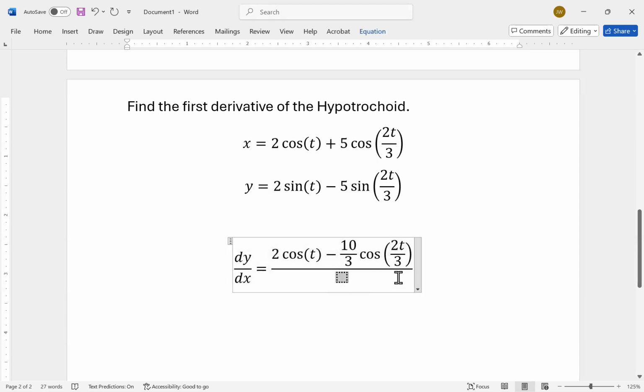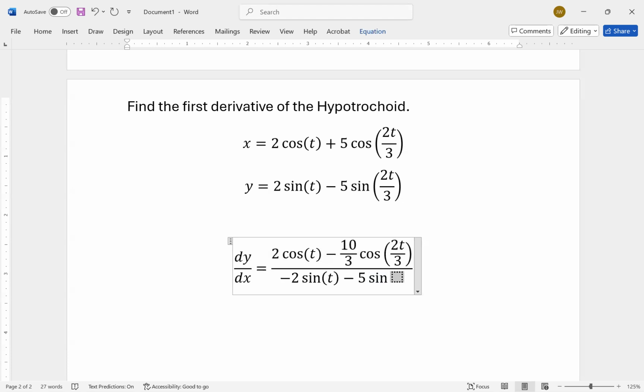That's just the numerator. The denominator, well, the derivative of cosine is negative sine. So we'd get -2 times the sine of t plus 5 times the derivative of cosine, which is negative sine. So I'm going to change that to a minus out front.